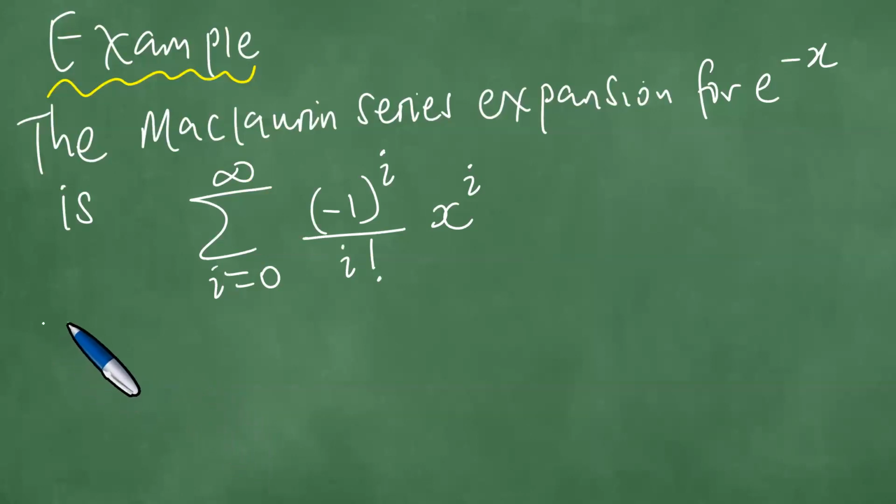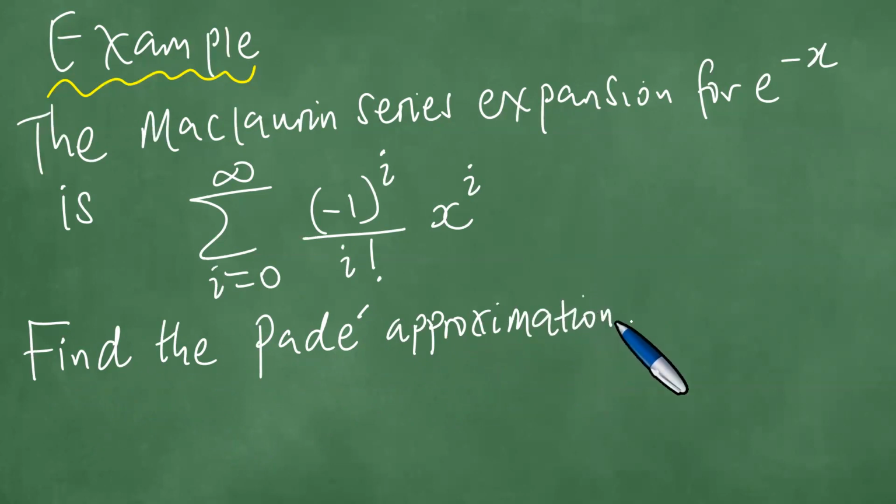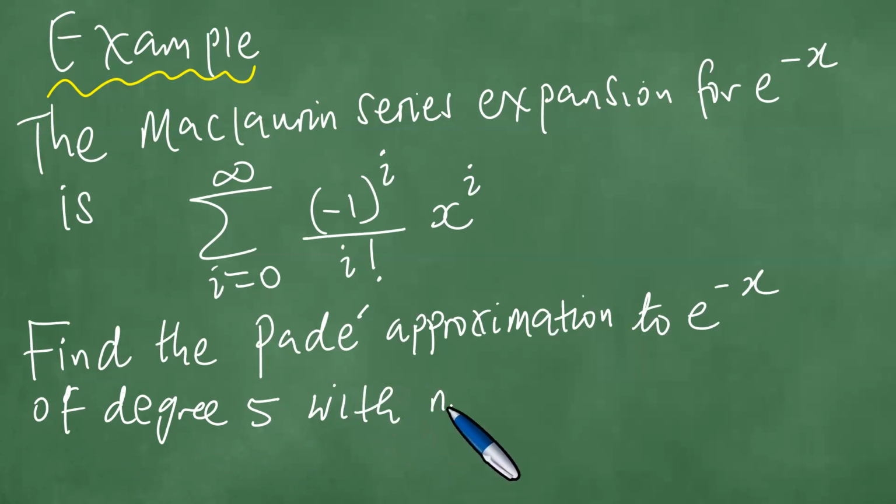And the question then becomes, you need to find the Pade approximation to e to the power minus x of degree 5 with n equals 3 and m equals 2.